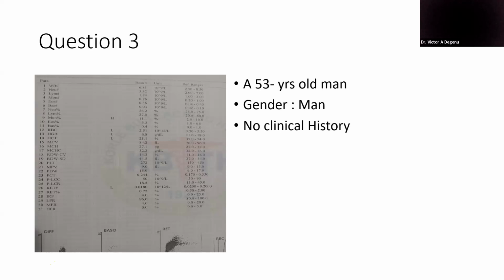The parameters are WBC 6.81, then the various absolute WBC counts and percentages, HB 6.8, PCV 21.1, MCV 84.2, and platelet 272.